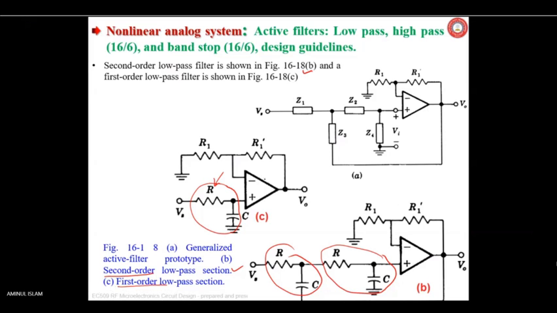One pair of passive components gives first order, and two pairs give second order. In this way, if you study further, we will see how the order of filters increases and is decided.